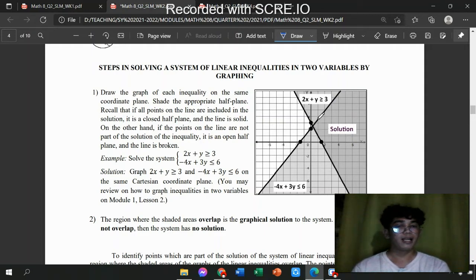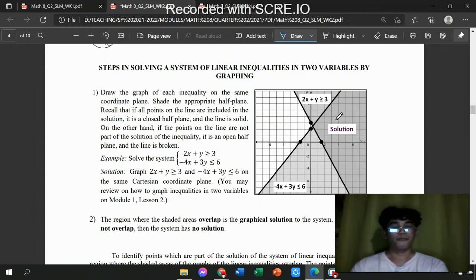Diba, nabaga ang shading ani nga part, kay from ani nga shade o ani nga shade nag-overlap sila ani nga part, baga ni nga shade. So that means ang solution sa atong inequality kay ani nga area mismo.